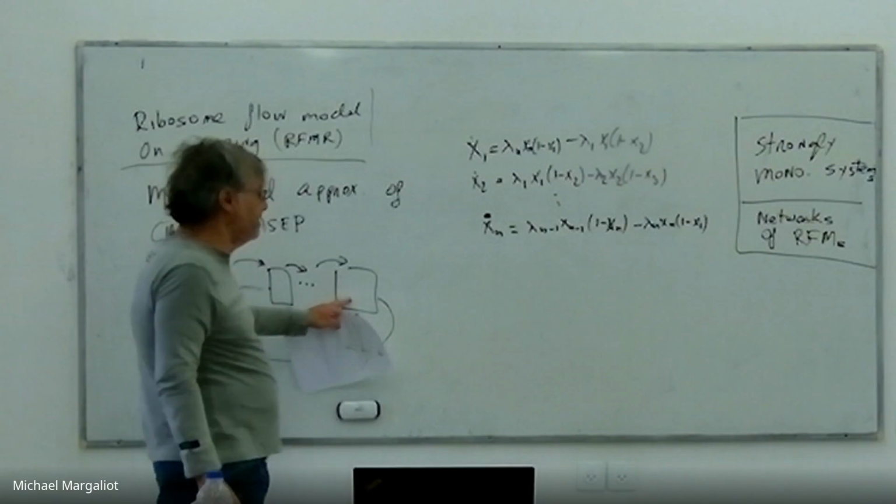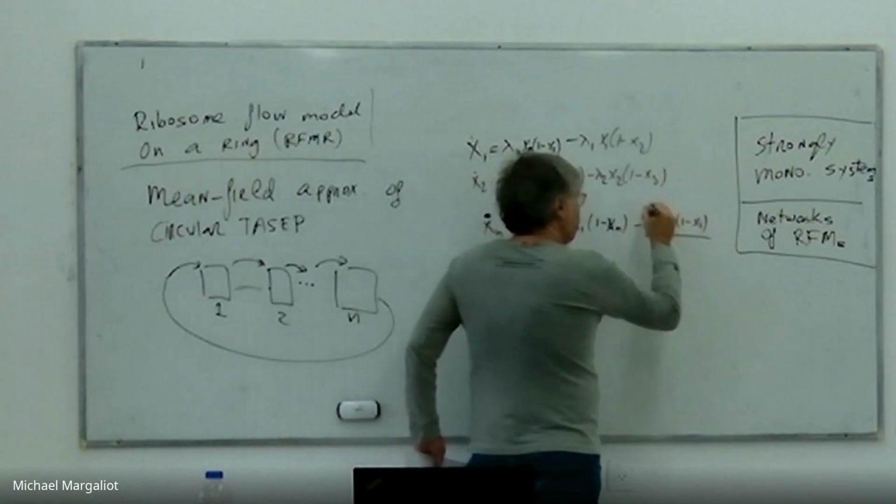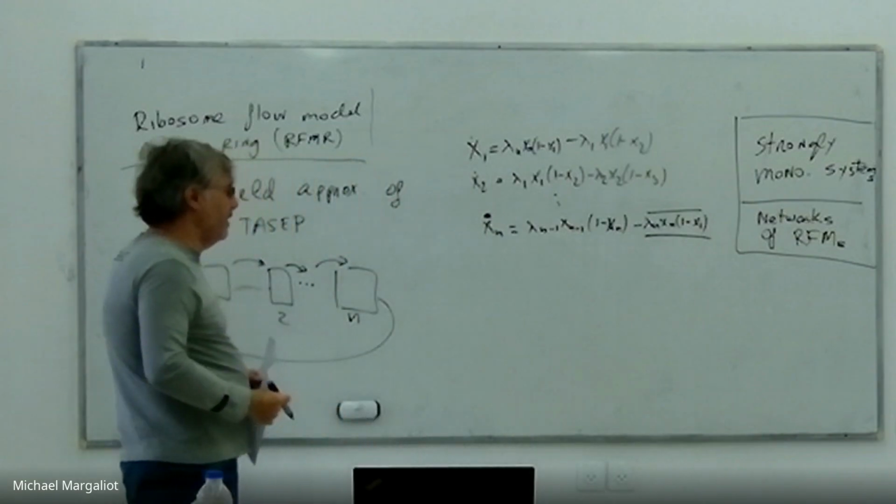The flow out of the last site is minus lambda_n x_n (1 minus x_1).